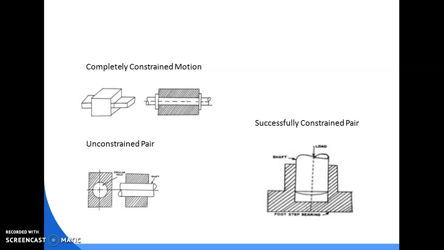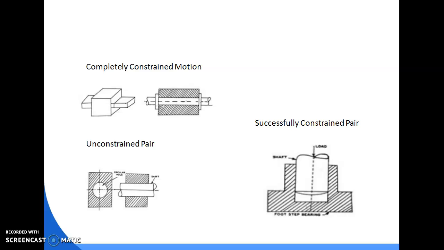Then in the second picture, we can see a cylindrical shaft inside a cylindrical hole, but we have obstructed the linear motion from two sides, so that this cylindrical shaft can only be rotated or turned inside the cylindrical hole. So this is also a completely constrained motion.